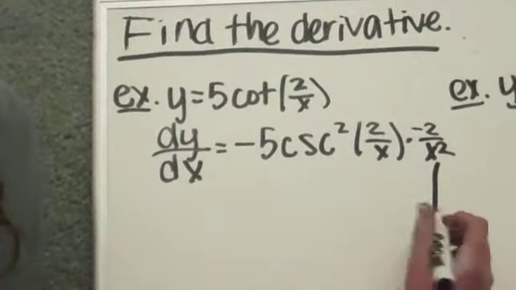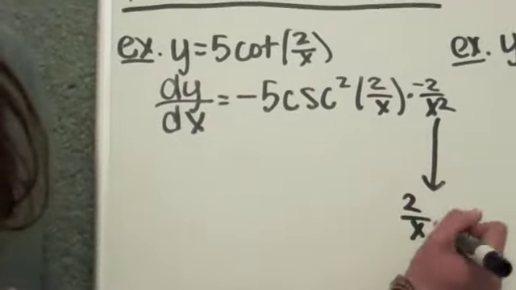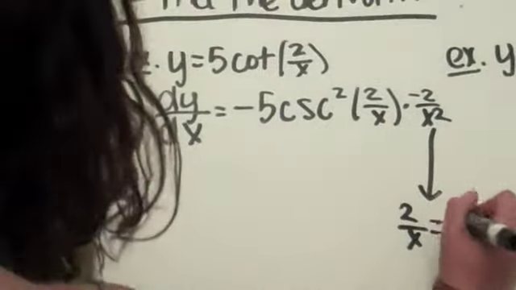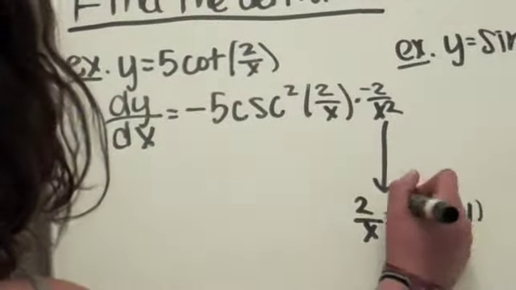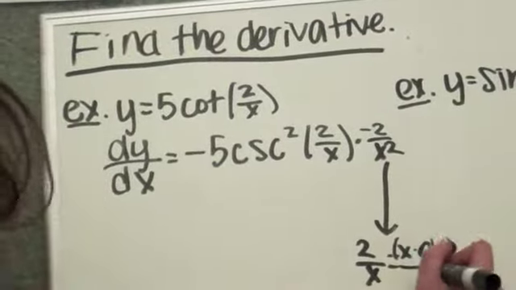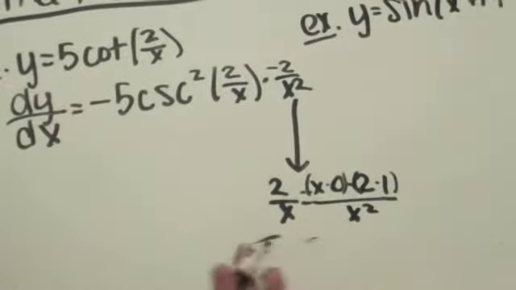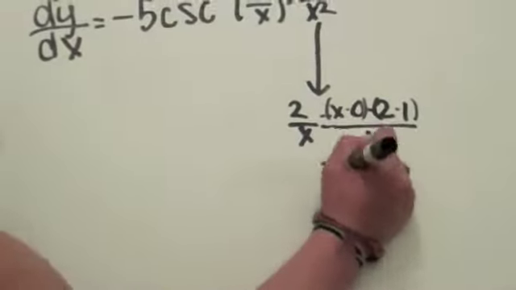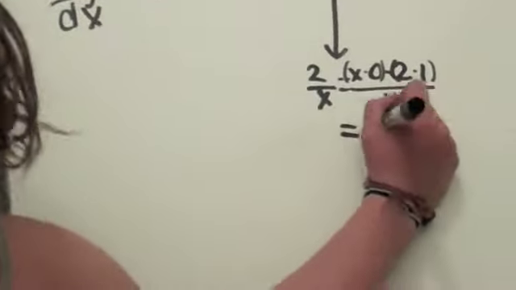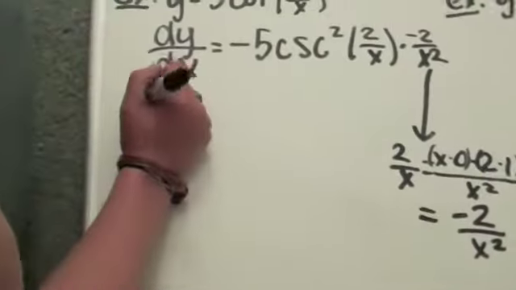And how we got that was taking 2 over x and applying the quotient rule to it, getting x times 0 minus 2 times 1 over x squared. And to simplify this, it is negative 2 over x squared.